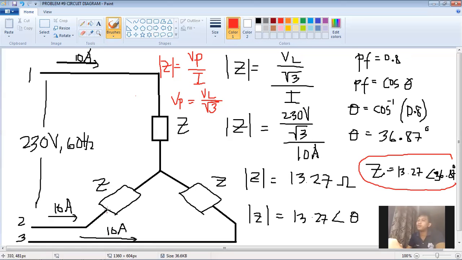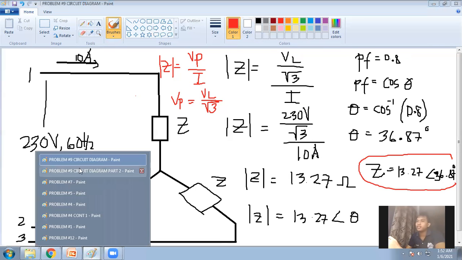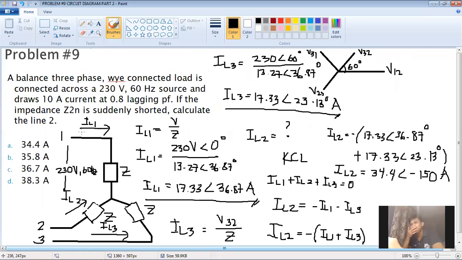So what is our follow-up question? The follow-up question is, if the impedance Z2N is suddenly shorted, calculate the line 2. As you can see here, we have the same circuit diagram, the impedance here, the impedance here, and also the source voltage of 230 volts.